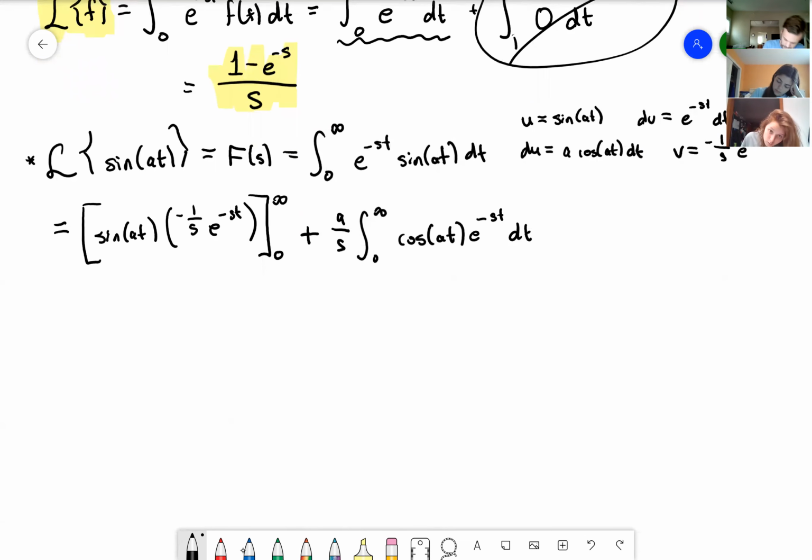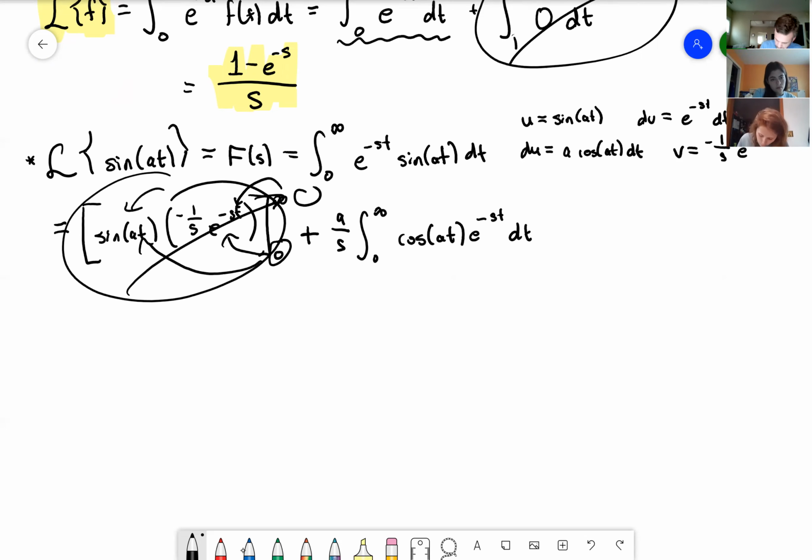Now, when we put infinity in for t in the boundary term, we get 0, and sine is always bounded by 1 and negative 1, so it's some finite number. So this is 0 times a finite number, which is 0. If I plug in 0, sine gives 0, so it's 0 minus 0. So this part is 0, and we're just left with this.